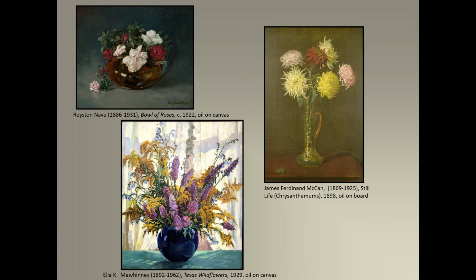Let's take another look at traditional, realistic floral still life painting that we see in this exhibition. In the bottom left, we see Ella McQueen's Texas Wildflowers from 1929. It's an oil on canvas. She's known as the organizer of the Texas Artist Camp in Cristobal. She's also known as an accomplished colorist of still lifes and landscape.